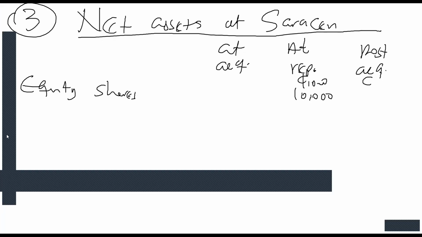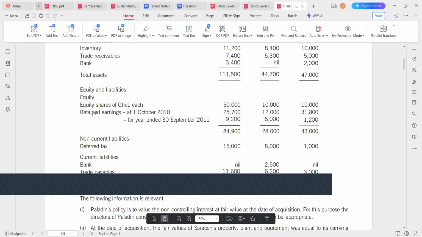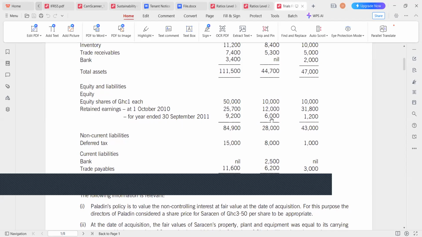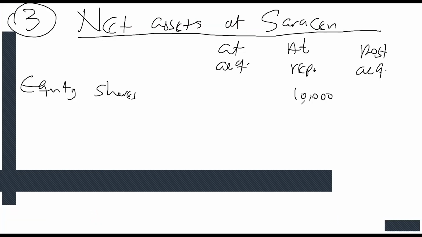I've written all workings in 3 zeros already, so it's okay. What you have to do is that the retained earnings, this is the opening balance and this is the profit made for the year. So put the two together, 12,000 plus 6,000, what do you get? 18,000. Good. So call it retained earnings.